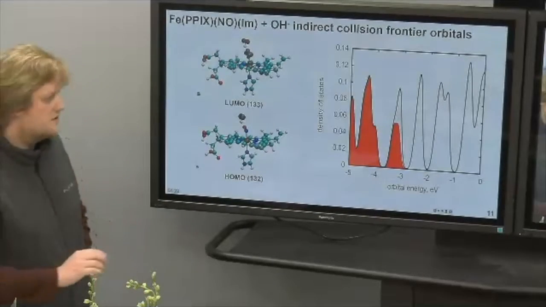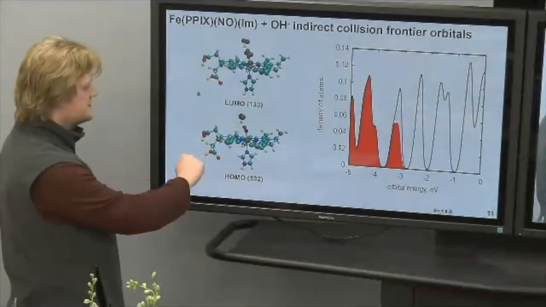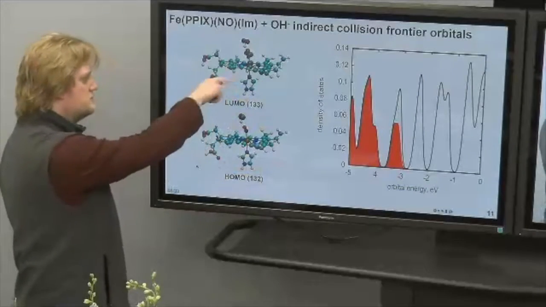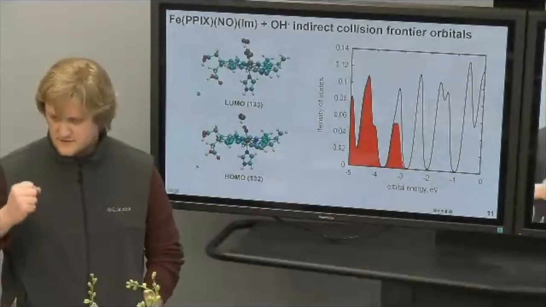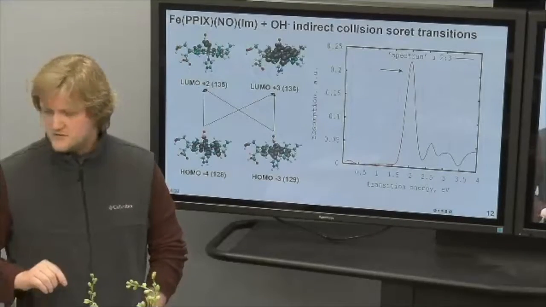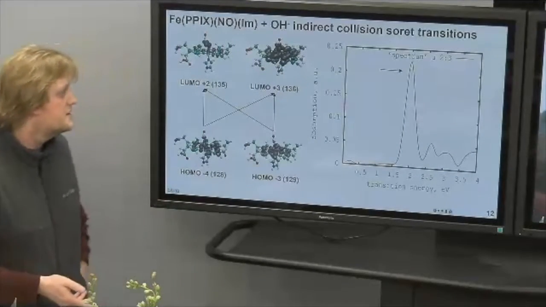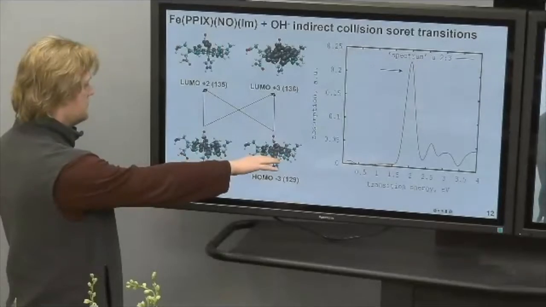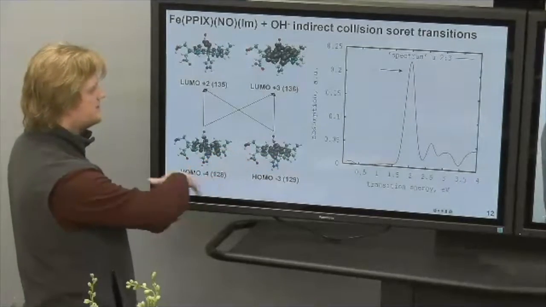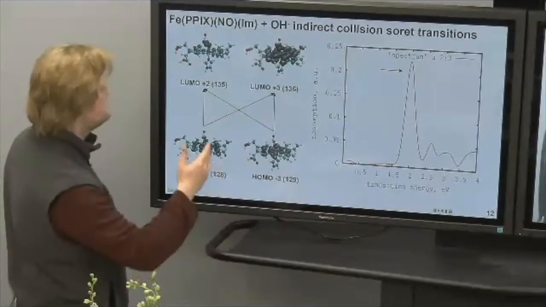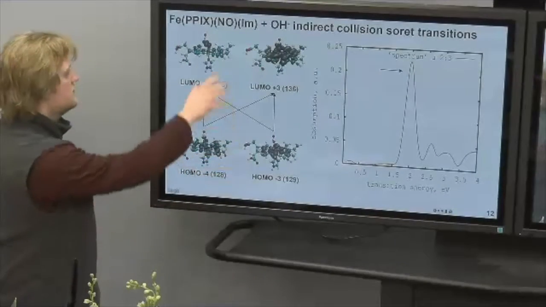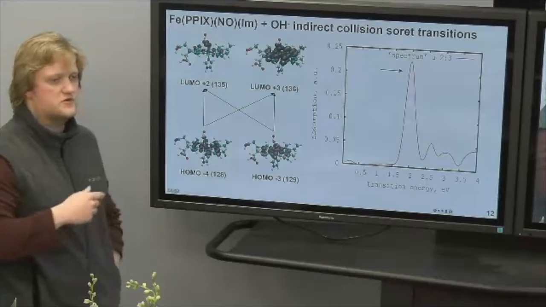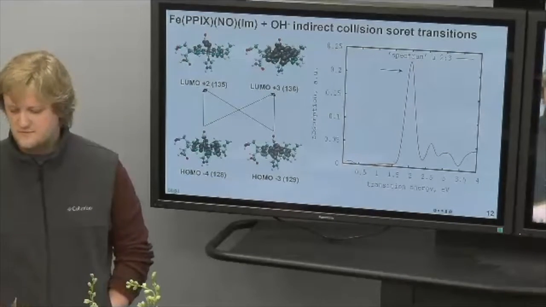Here, our HOMO has charge density now on the hydroxide, whereas the LUMO, once again, has some charge density on the nitrosyl ligand. If we look at our transitions, while our HOMOs, where the transitions arise from, are delocalized in the porphyrin ring, some of the LUMOs actually have some charge density on the ligands. So there's a slight difference there.